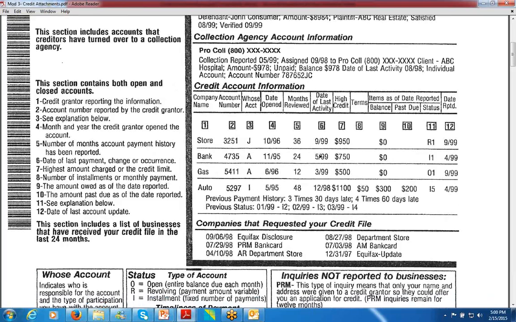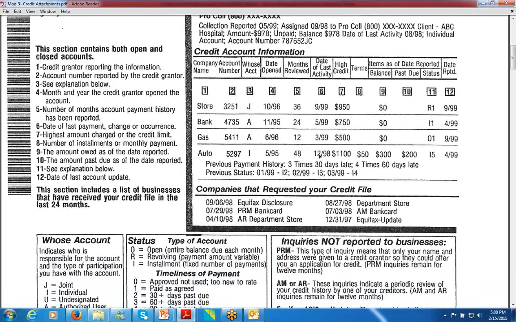Okay, now then we've got specific listings of your accounts on your credit report. It will show a listing of each type of account that you have had going back as far as you go. And each column, you've got the company name, the account number, who's the account, whether it's a joint account, whether you are authorized user, or whether it's an individual account.